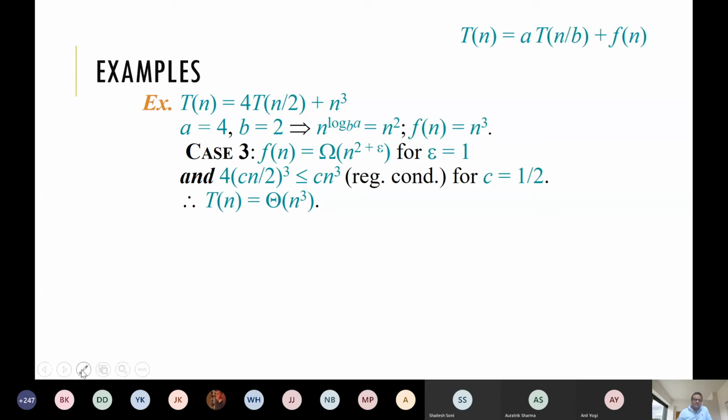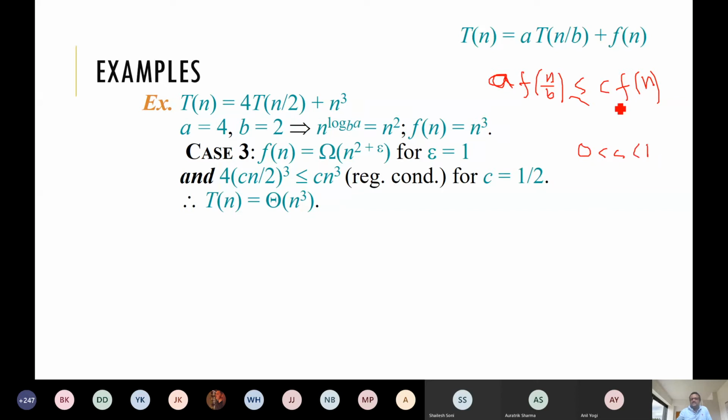So what was the regularity condition, if you recall? a f(n/b), that is the cost at the next level, should be less than or equal to some fraction of f(n). So we should be able to get some c, which lies between 0 and 1, a fraction basically.